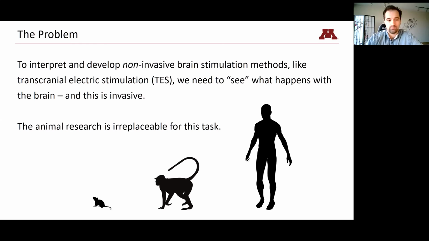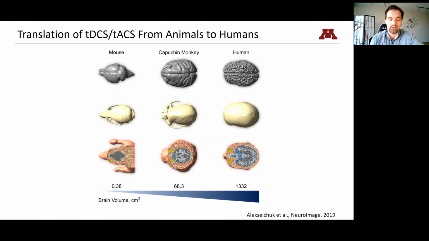However, there is a problem that animal brains are substantially different from human brains in size and in many other aspects. Therefore, it's not really straightforward to translate stimulation conditions from animal, like laboratory animal, like mouse or capuchin or monkey, to human and the other way around.